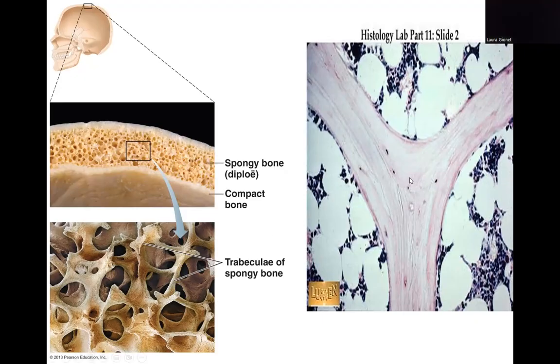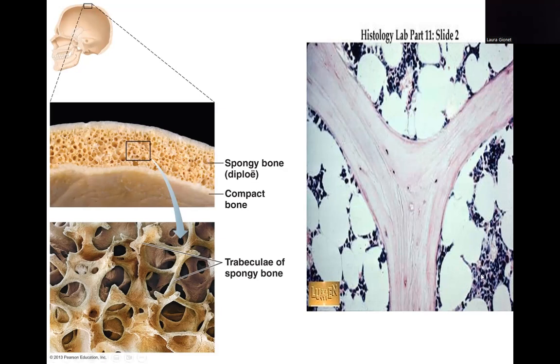Over to the right-hand side, it's severely magnified, one of those areas that still has red bone marrow in it. So the pink structure in the center there looks kind of like a Y. That's a trabeculae. And the black staining nuclei, those are some osteocytes in their matrix. So instead of laying the hard part in rings like a tree in compact bone, this is going to be like a lattice fence, kind of honeycomb orientation to the hard parts.